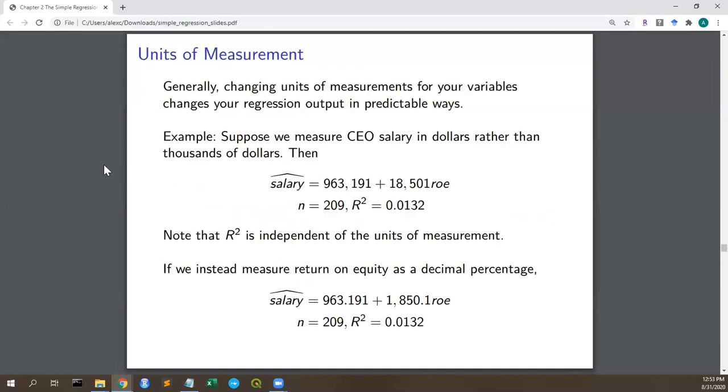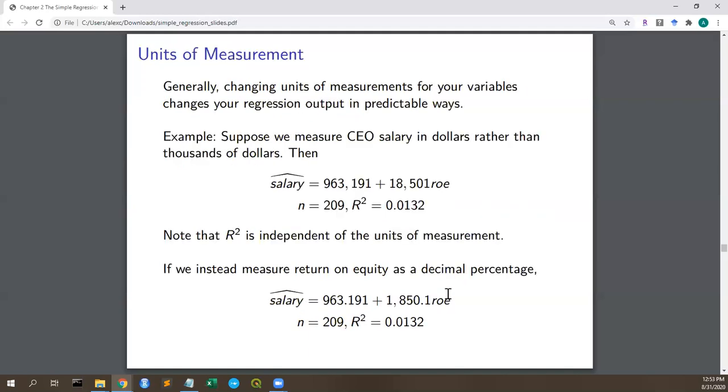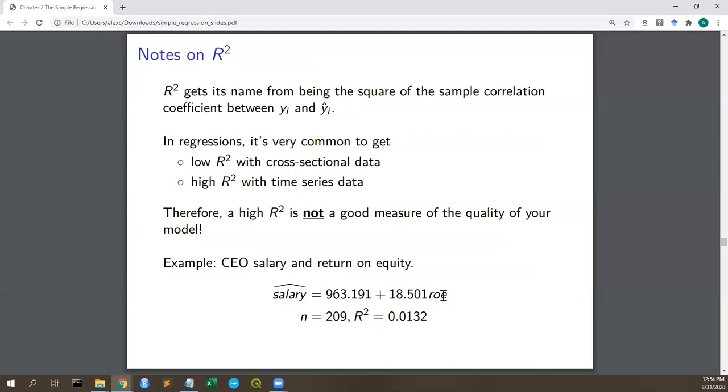So units of measurement. This is another important thing, because sometimes you want your coefficients to be directly interpretable. So for example, in this previous regression here, we were using thousands of dollars. Salary is in thousands of dollars, so if I increase my ROE by 1 unit, then this is going to increase by $18,000.